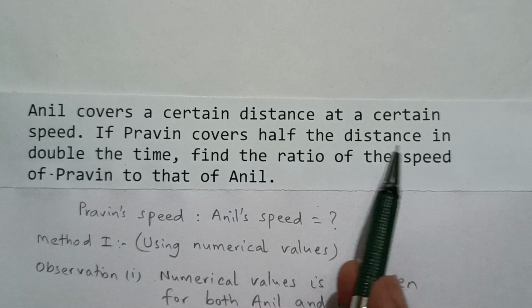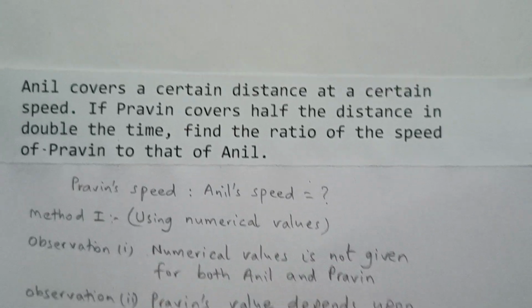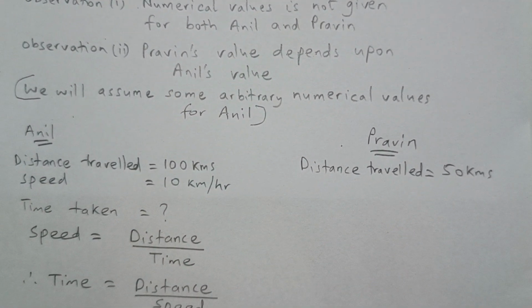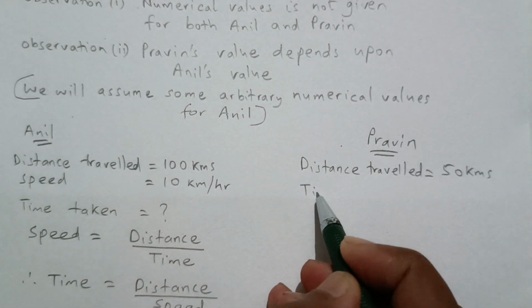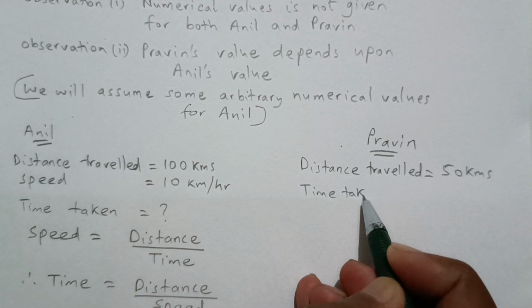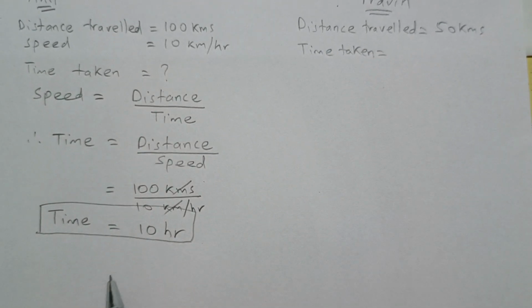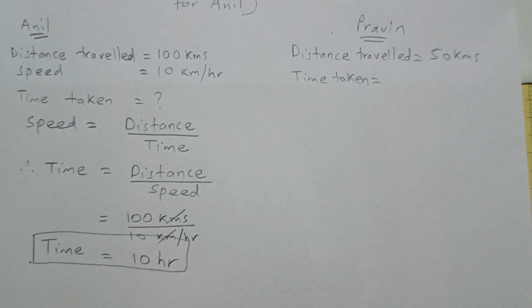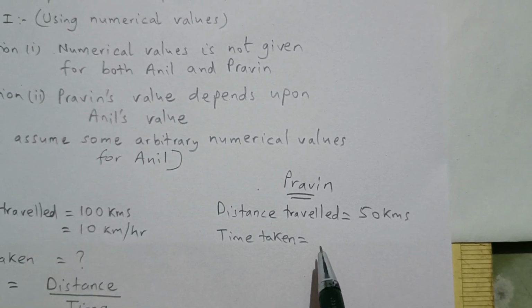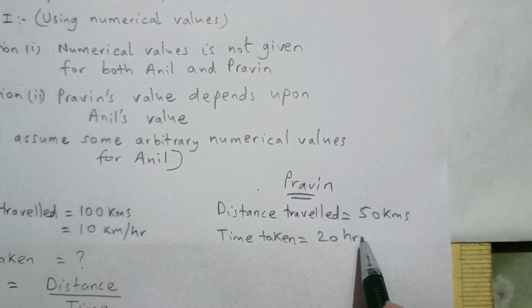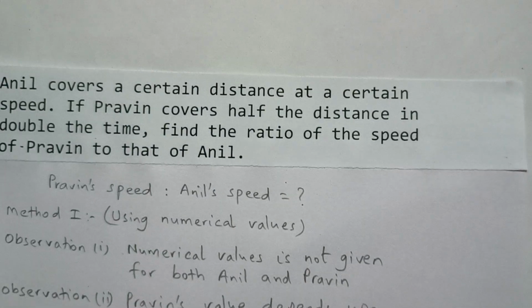Praveen covers half the distance in double the time. So the time taken by Praveen is double that of Anil.